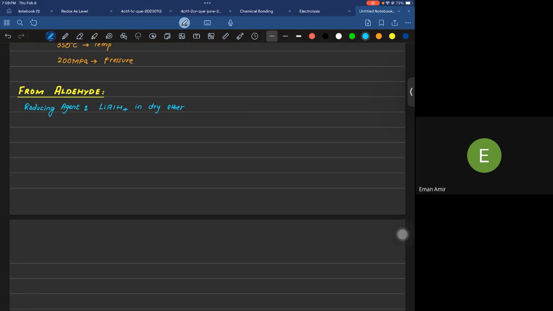Or you can also say NaBH4, but remember that this is a weak reducing agent, and LiAlH4 is a strong reducing agent.